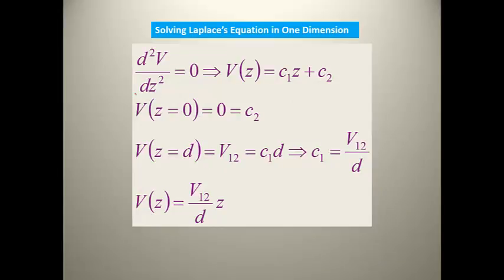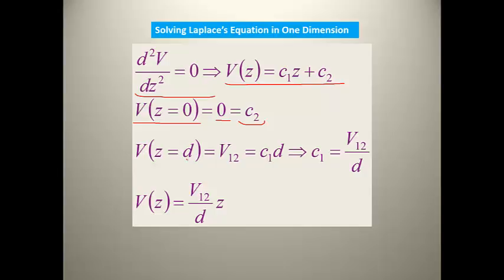We take this equation here, integrate twice, and we end up with a simple linear function with arbitrary constants c1 and c2. So now we apply our boundary conditions. Here's our first one. Setting z equals 0, this term cancels, that's 0. So we're left with c2, and that's equal to 0.